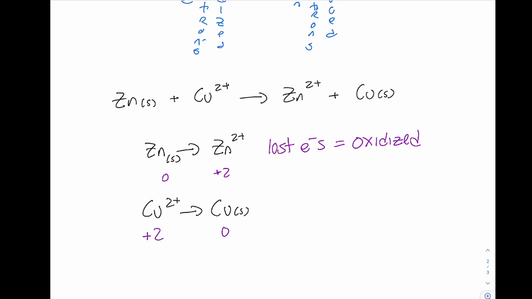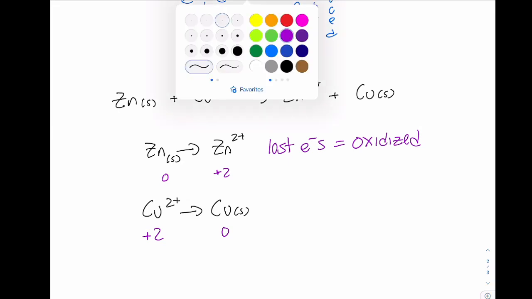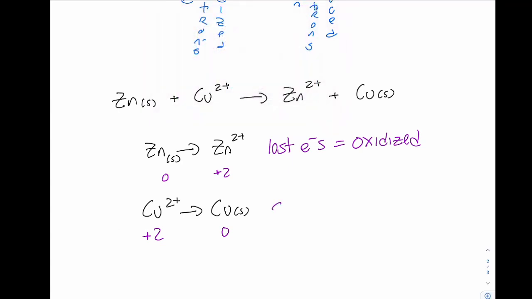When we write it that way, I'm going to switch the position of that number and that sign. So here I'm going from a +2 to a 0. It's becoming more negative because it gained electrons. And if it gained electrons, it is reduced. So copper is being reduced, zinc is being oxidized.